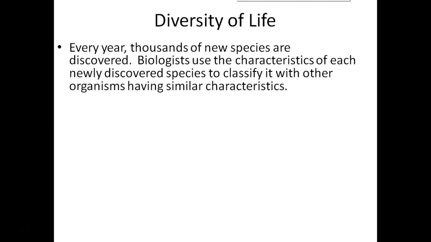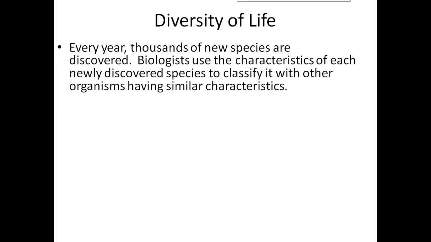Okay. All right, so the second part of this chapter, which I sometimes leave out of the title just because it's way too long, is the diversity of life. So when we're looking at all of the living things across our planet, we are realizing as scientists that we have so much more to explore and discover than what we may have originally thought. Every year, thousands of new species are being discovered.